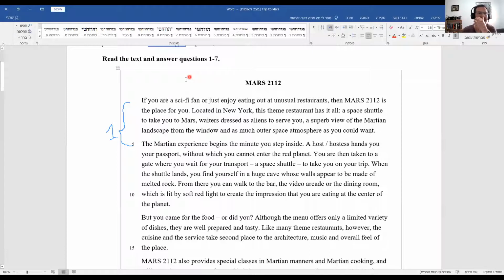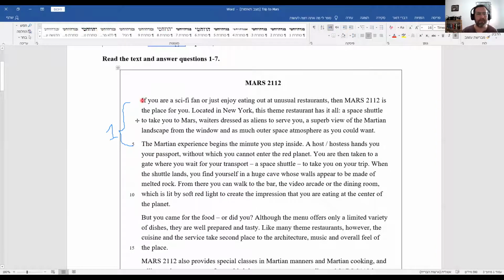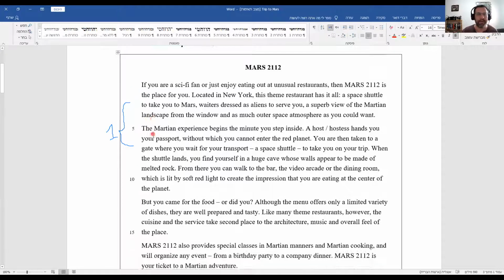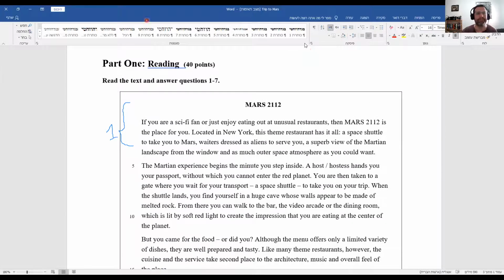So I'll basically go here. I'll go 5 through 11. And here I'll write number 2, okay? Just like I did here in question number 1, where the answer was to be found in 1 through 4. And I do this for all the questions all the way throughout the text.